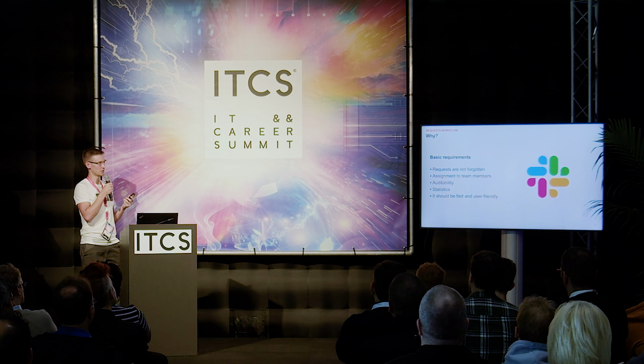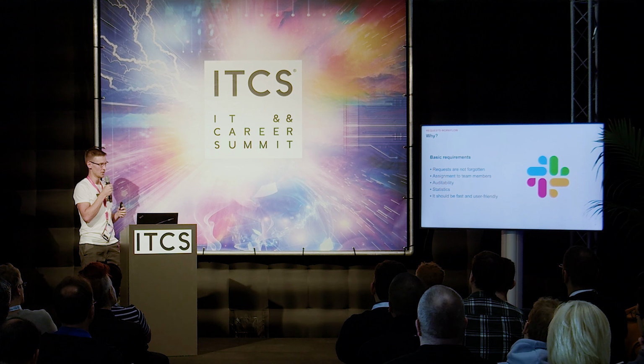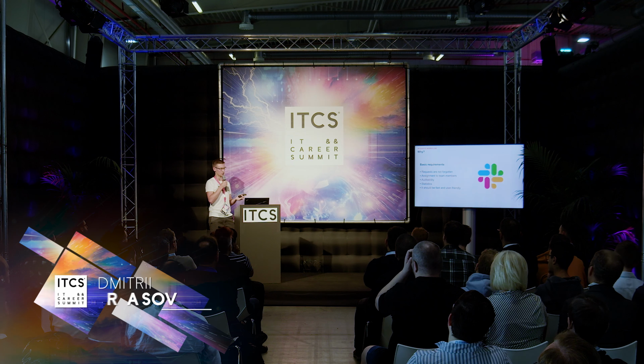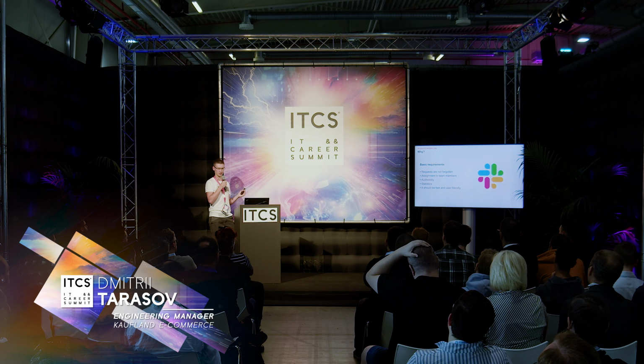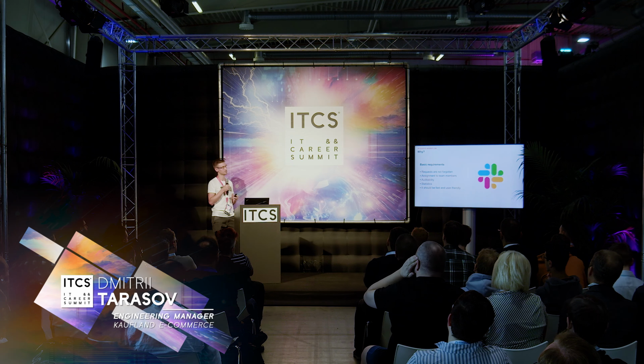But what about automation and integrations? Actually, it can be solved with Slack. But first, we started with the process definition. This is how it works for us. We have a centralized Slack channel, pretty big one, for all the platform requests.